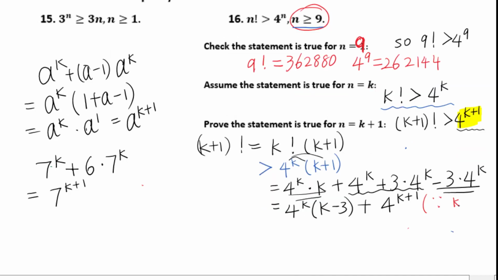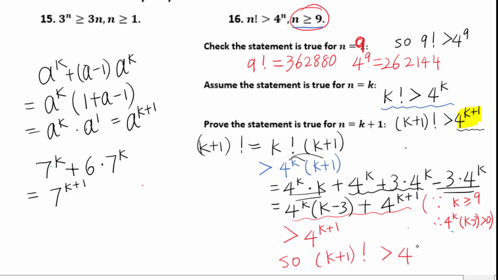Because k is greater than or equal to 9, 4 to the k's power times k minus 3 is greater than 0, which means this will be greater than 4 to the k plus 1's power. So k plus 1 factorial is greater than 4 to the k plus 1's power.